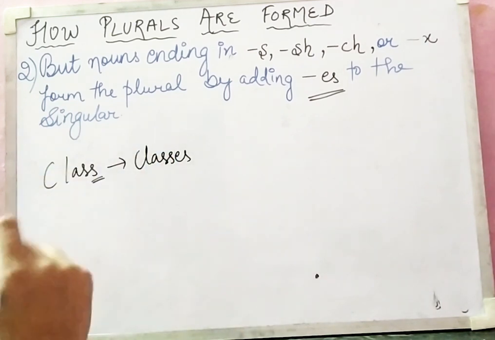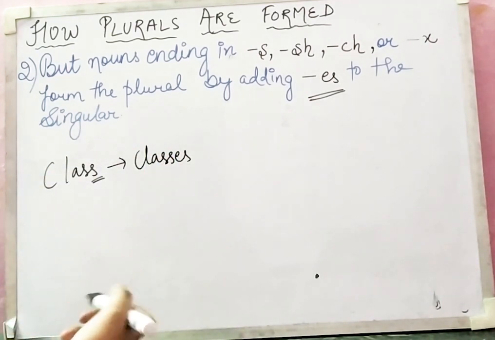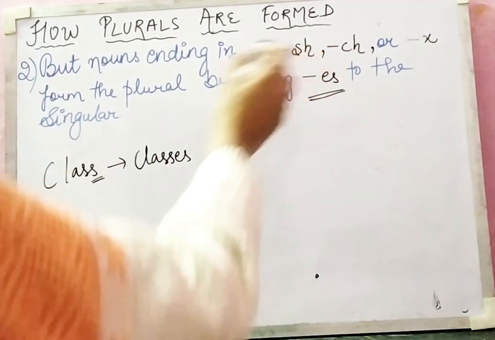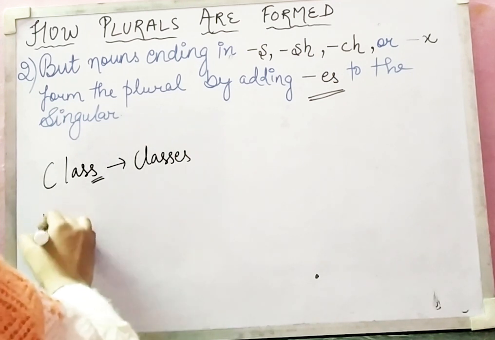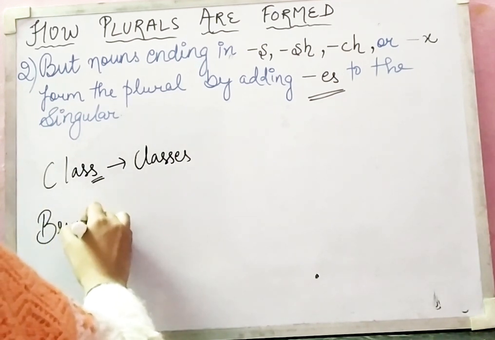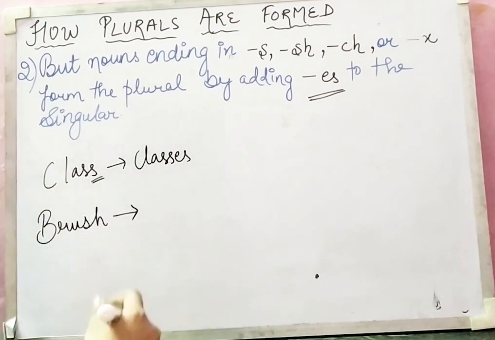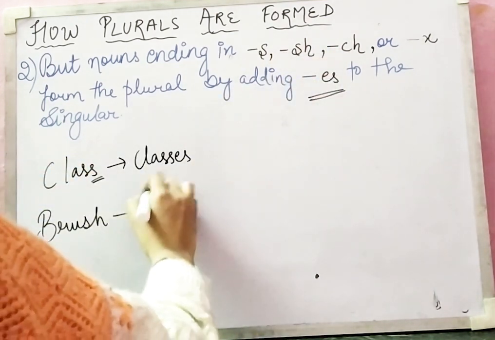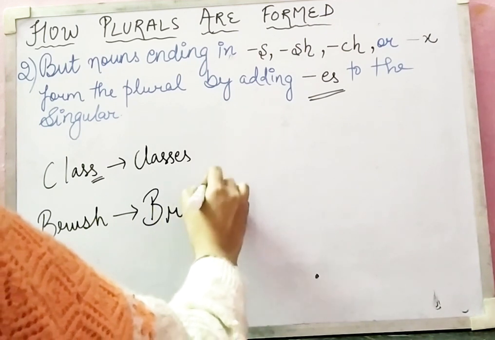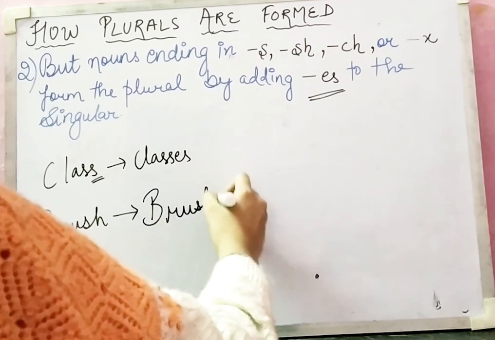Similarly, we can take one more example, the noun that ends with sh, that is brush. Sh also takes es to form the plural, meaning first you write brush and then you add es, so brushes.